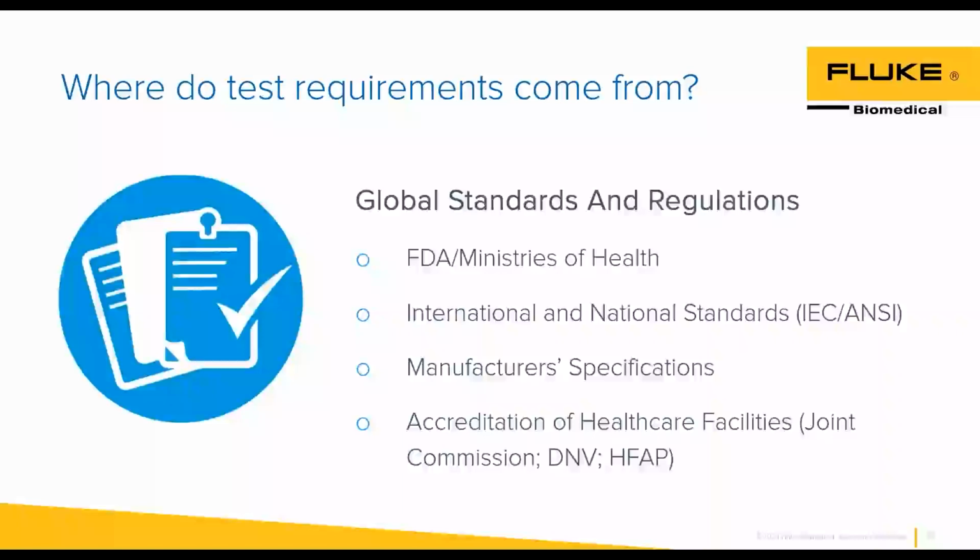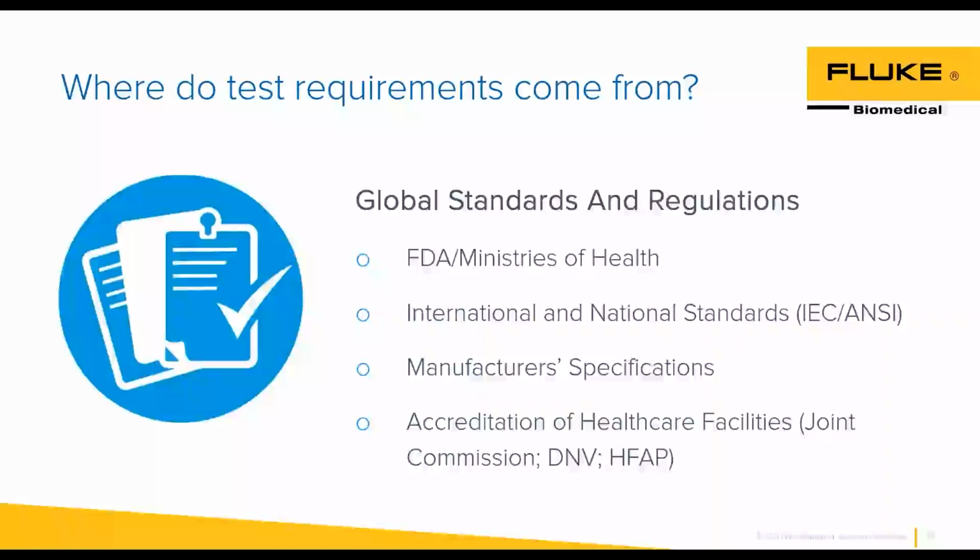The first one here is the FDA, or the Ministries of Health, and they approve defibrillator designs that can be sold in the U.S. or specific countries, mainly for the Ministries of Health, based on the test data collected using tools like the Impulse 7000, following the local standards for the defibs, and the national standards for defibs, pacemakers, and monitors.